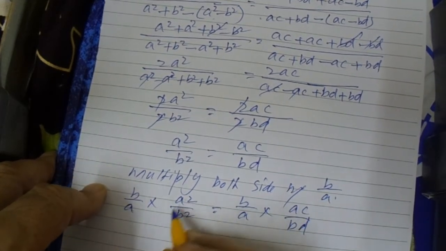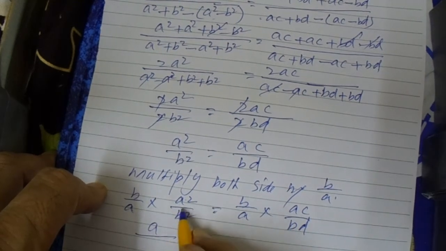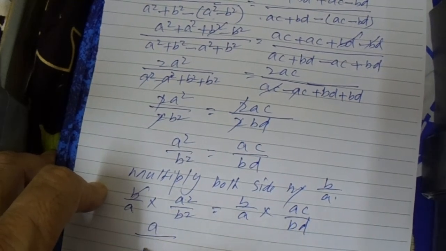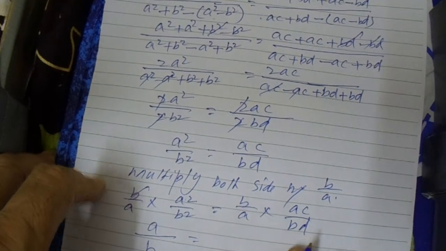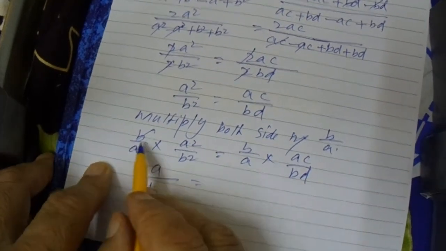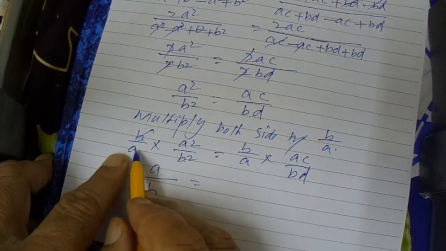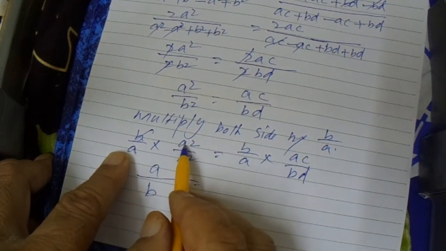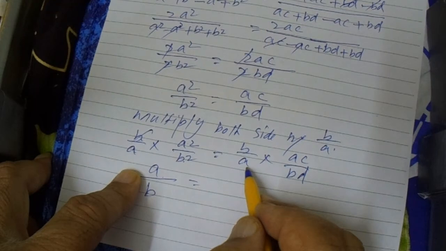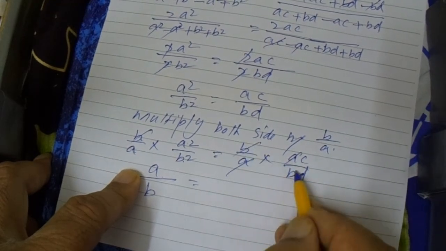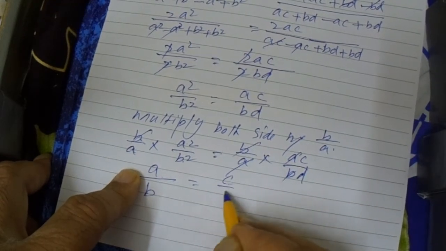Now this a will cancel this a, we will have only a, and this b cancel this one and only one b, and this b will cancel this, write 1b, and this a will cancel this and we have only a. This a will cancel this and b will cancel this. You have only right side c over d.